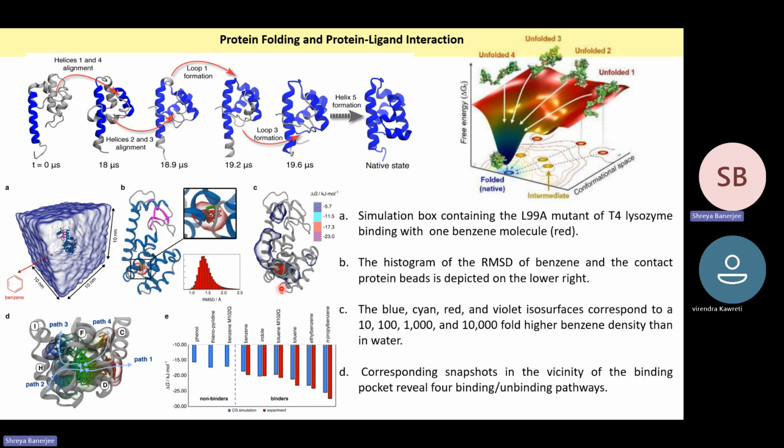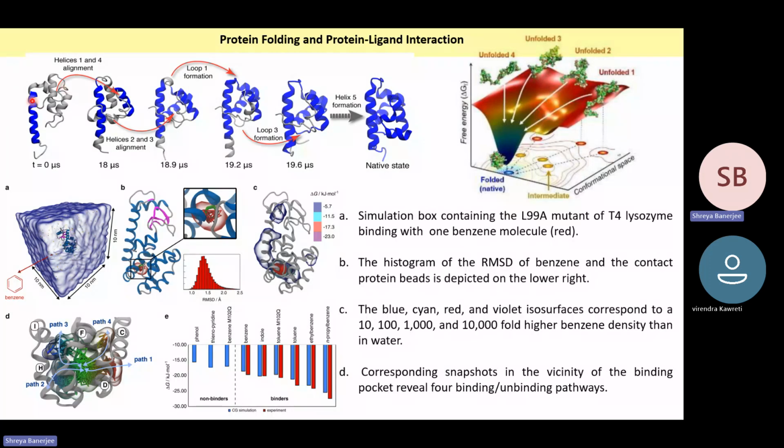Molecular dynamics simulation can also give you an idea of different binding pathways. So here you have the protein. This is the binding pocket. There can be different pathways by which the benzene is approaching the binding pocket. That can also be captured, because the molecular dynamics simulation is capturing snapshots of the structure at different times.